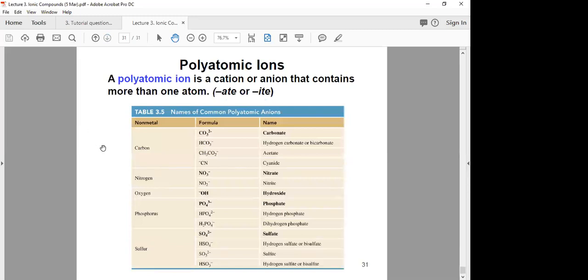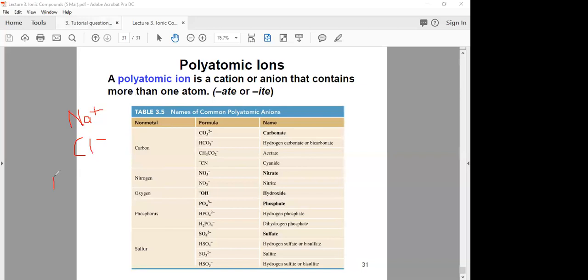Okay, our final slide, a different group of ions called polyatomic ions. So think about it in this way. The ions that we've been looking at are just single atoms, charged atoms. The sodium ion, the chloride ion, and so on.